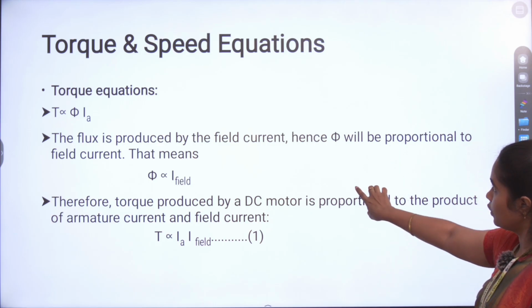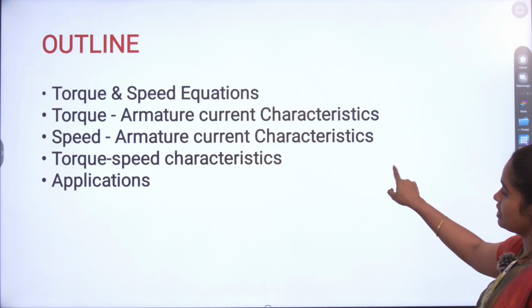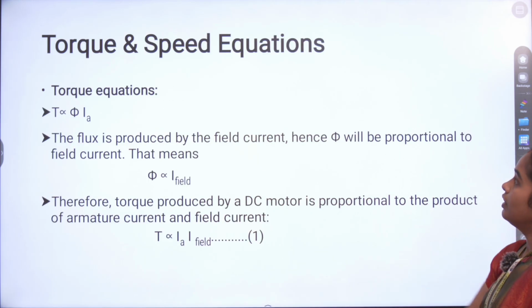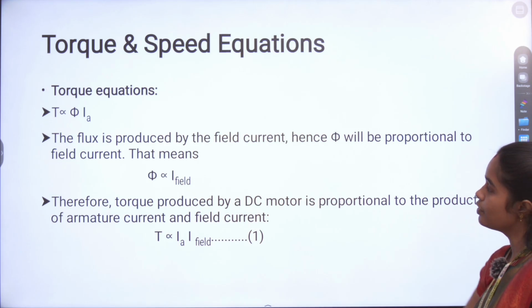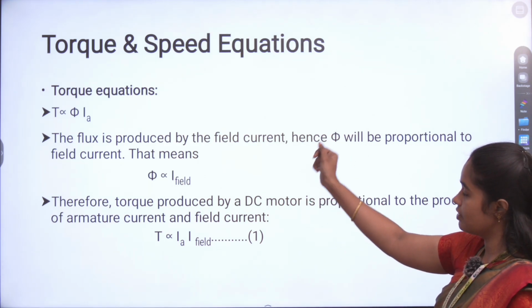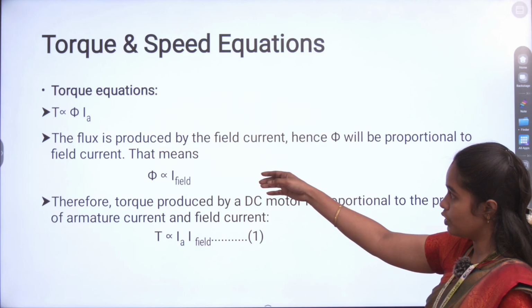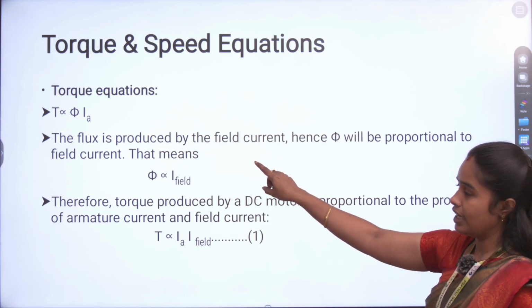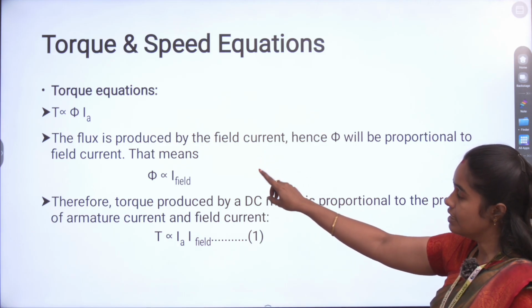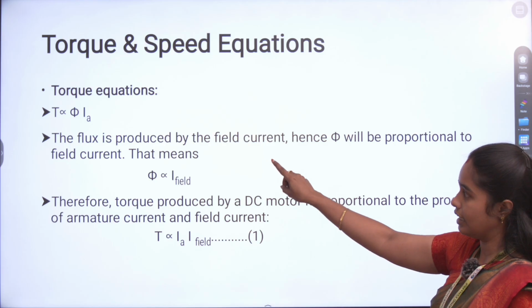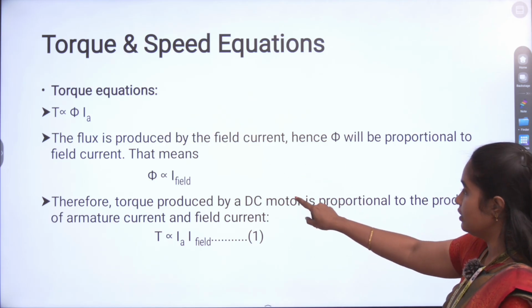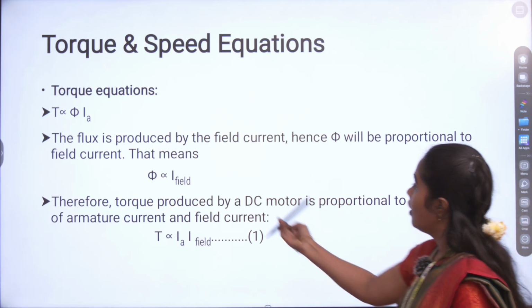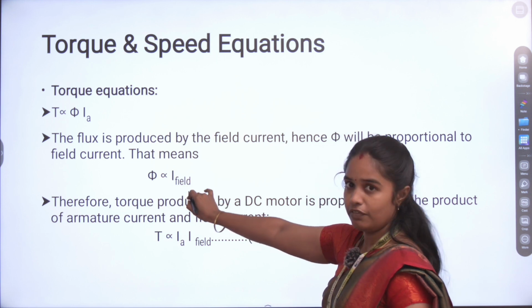Before I start the characteristics of the DC motor, let me recall the torque and speed equations. First one is the torque equation. T is directly proportional to phi Ia. Phi is the produced flux and Ia is the armature current. In a DC motor, the produced flux is directly proportional to the field current.